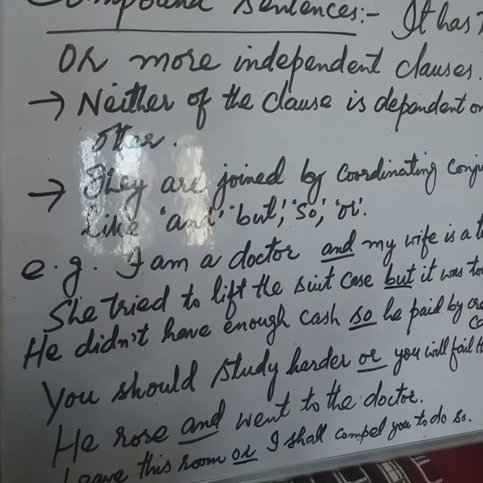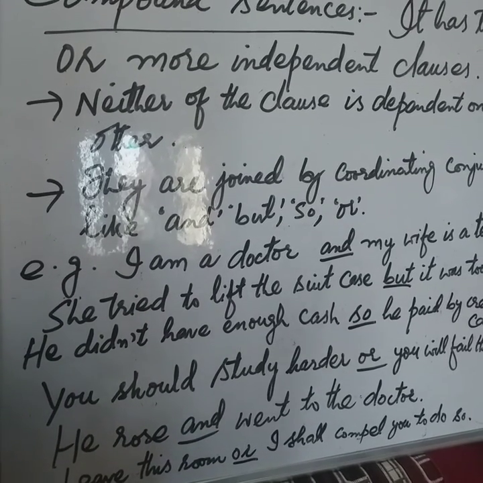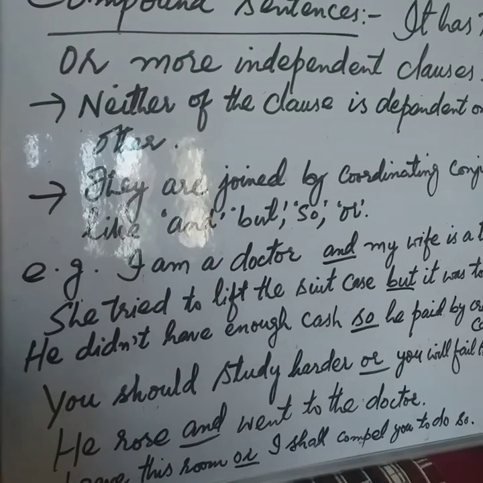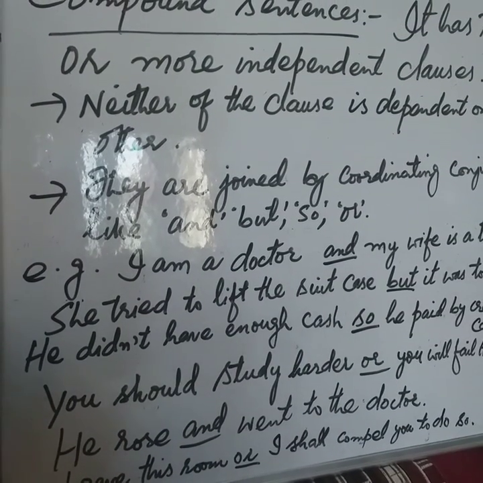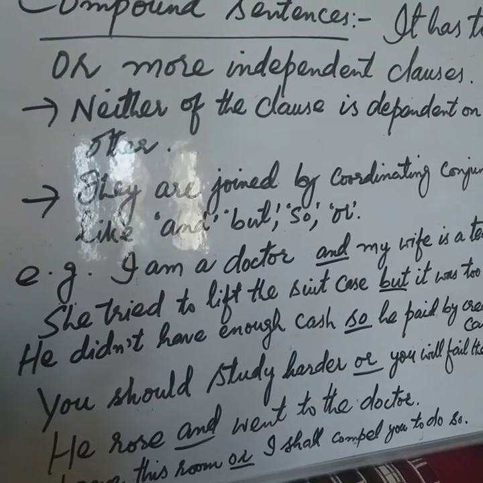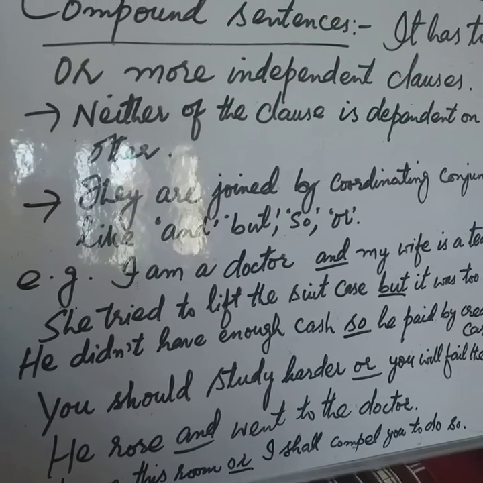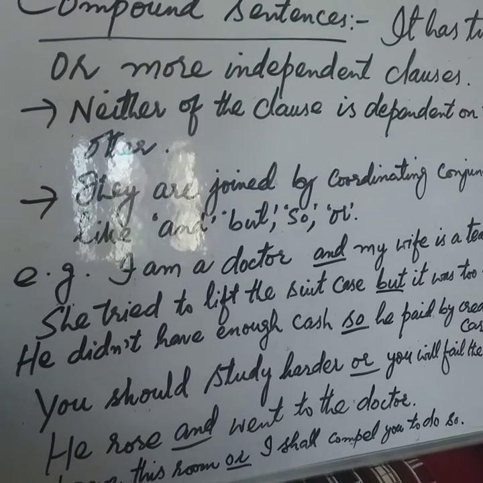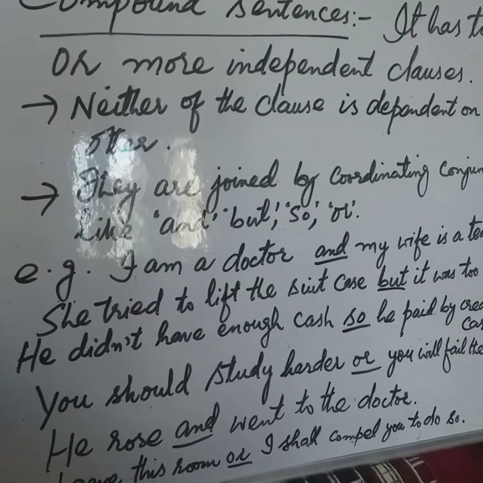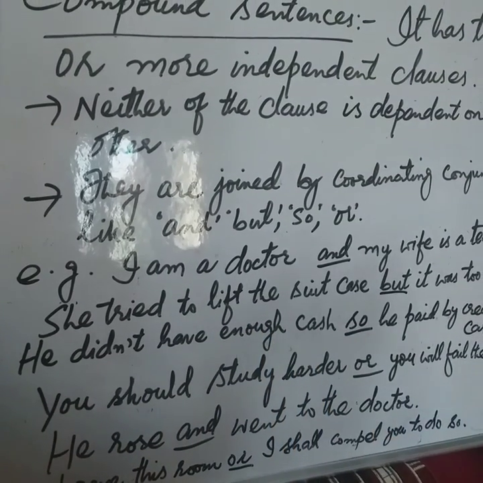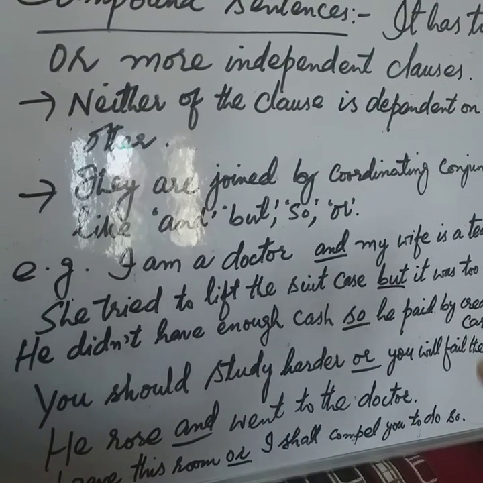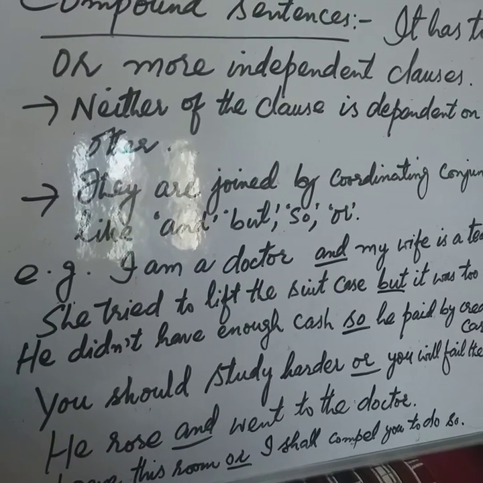These two independent clauses are joined by the conjunction and. So when we join these two independent clauses in a sentence, it becomes a compound sentence. Got it? I am a doctor and my wife is a teacher. So this is one independent clause and this is the second independent clause. They are joined by the conjunction and.